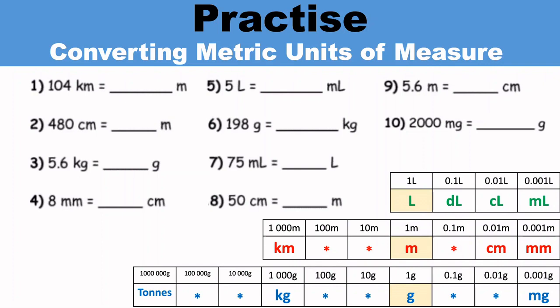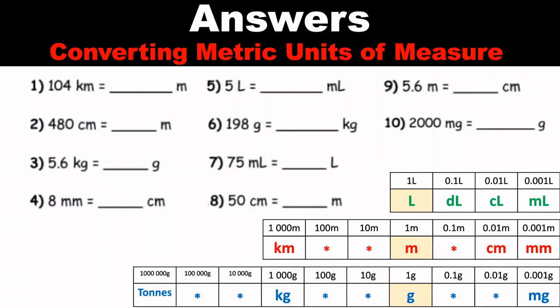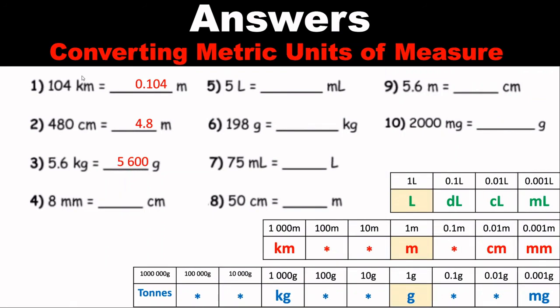I hope you had a chance to hit pause, because here come your answers. For question 1, we divided by 1,000. For question 2, we divided by 100. For question 3, we multiplied by 1,000. For question 4, we divided by 10.